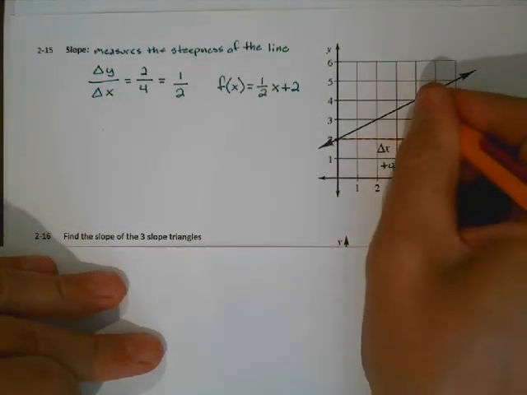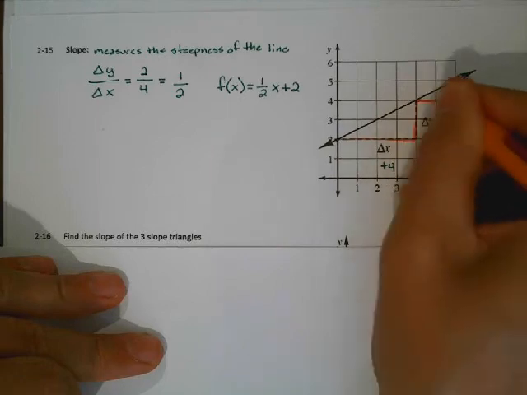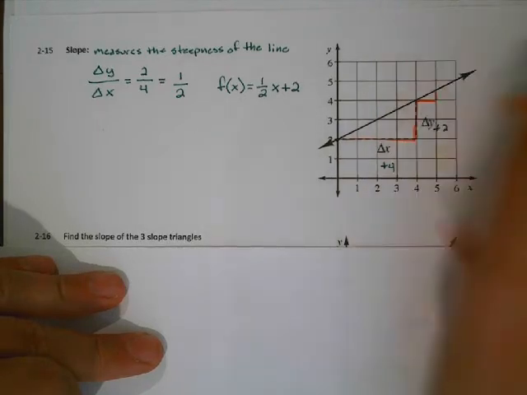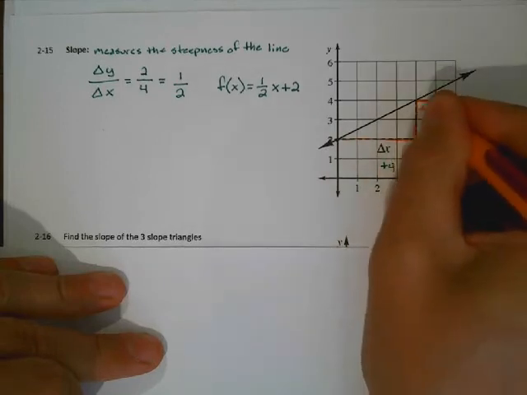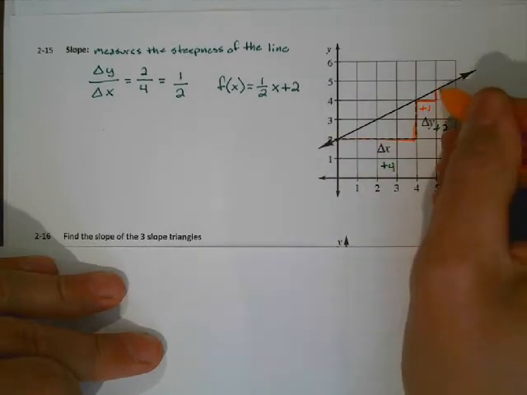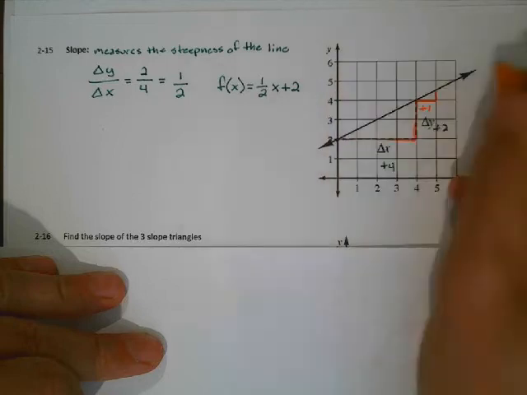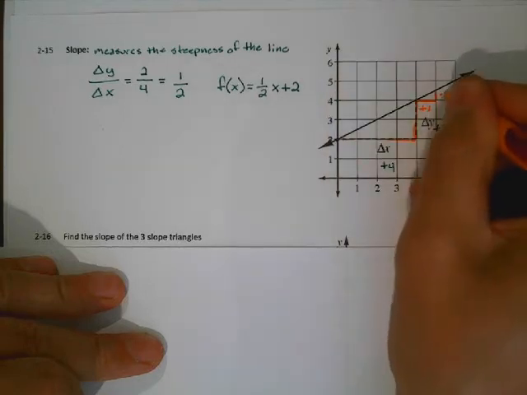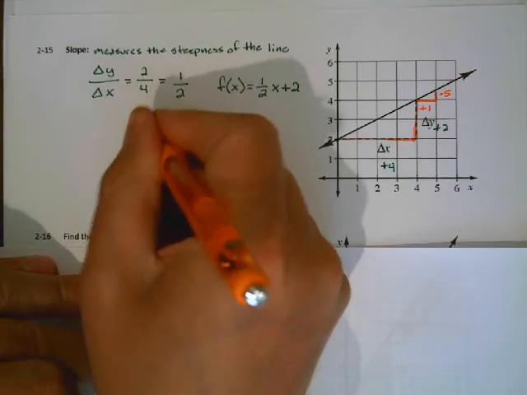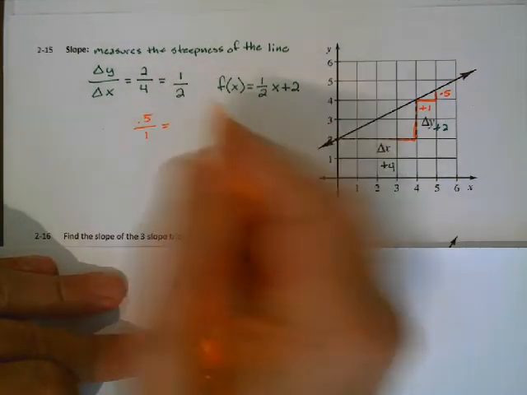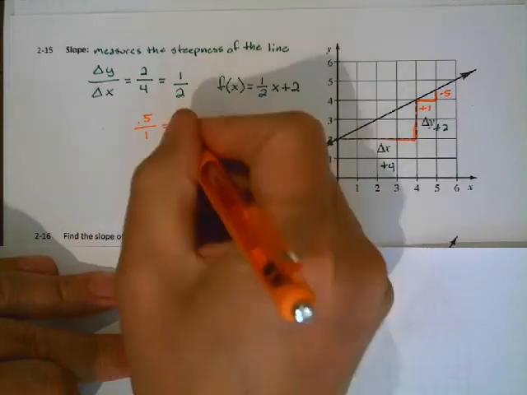Let's do a slope triangle from here to here. So here's my change in x, and that's a change in x of +1. My change in y becomes 0.5 because I'm going from 4 to 4.5. So this is 0.5. And 0.5 over 1 is still 1/2 because 1/2 is 0.5.